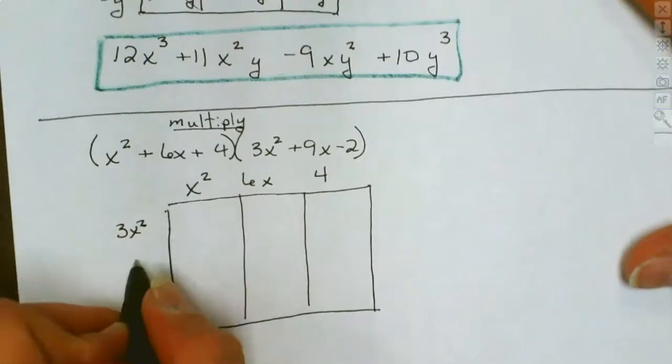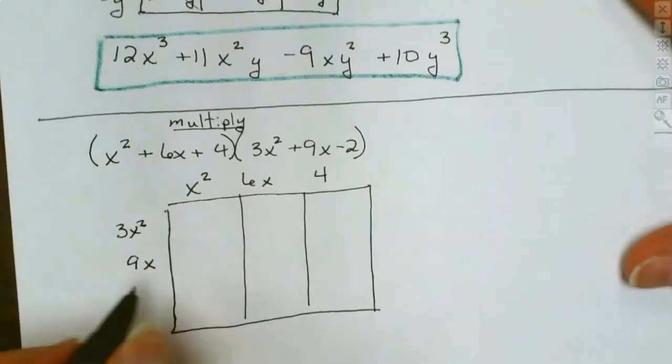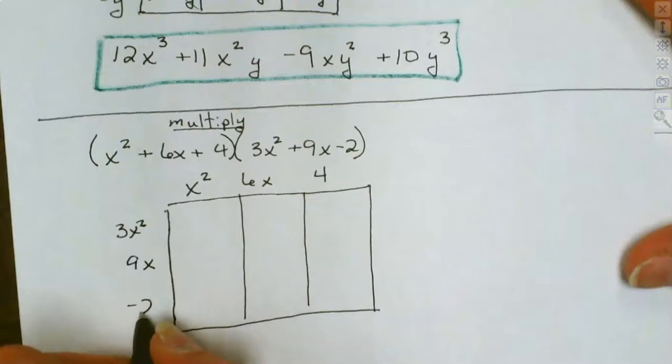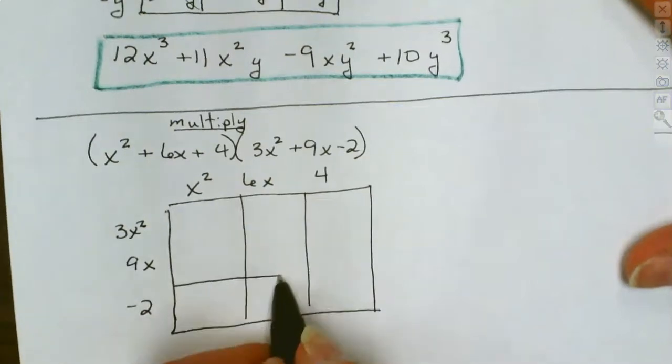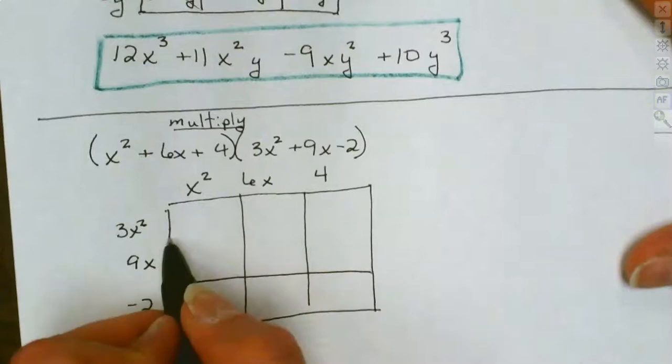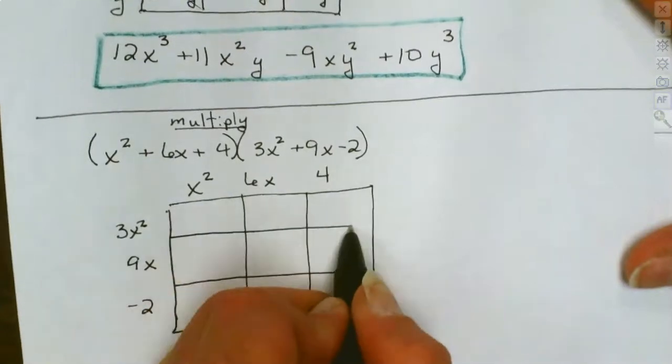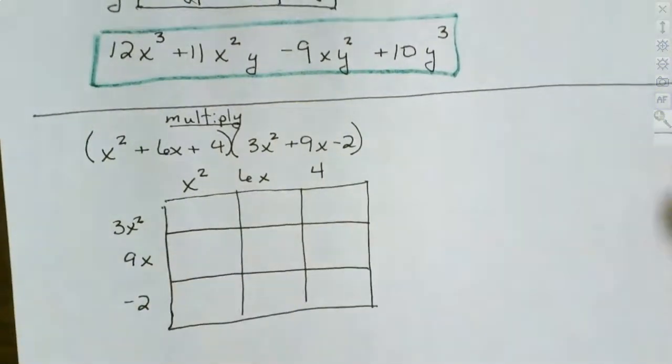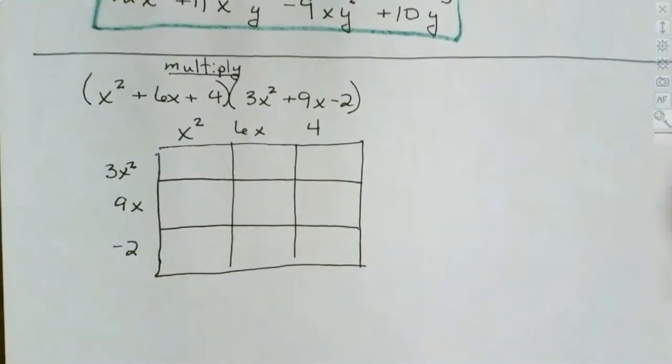But again, it doesn't matter. You're going to end up with the same result. So one across the top, one down the side. And now we've got a square. And we fill it in the same way we did the others.